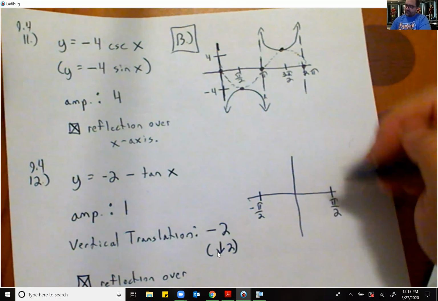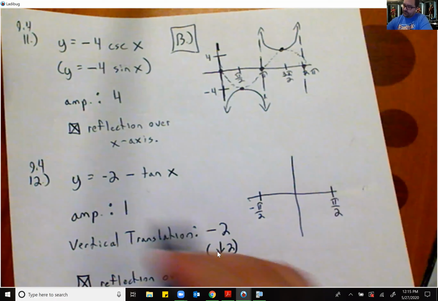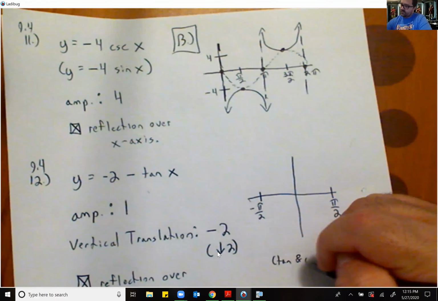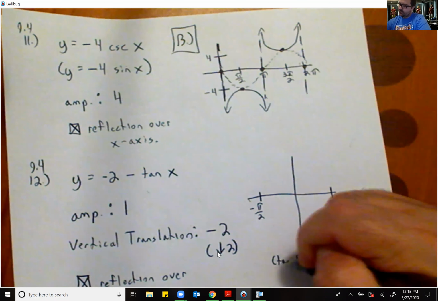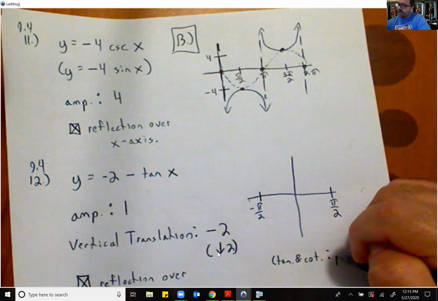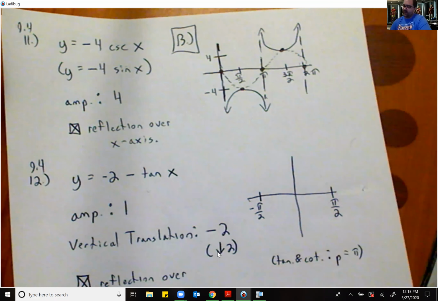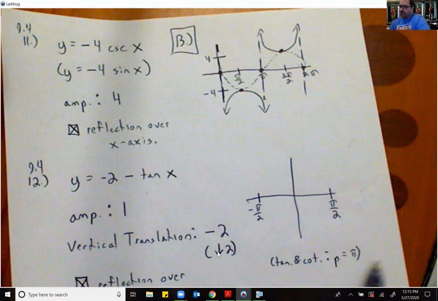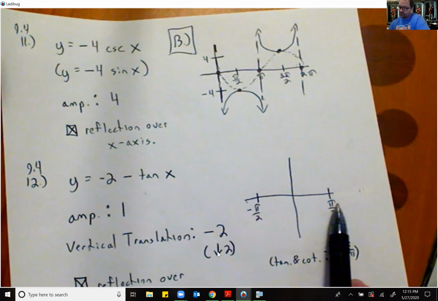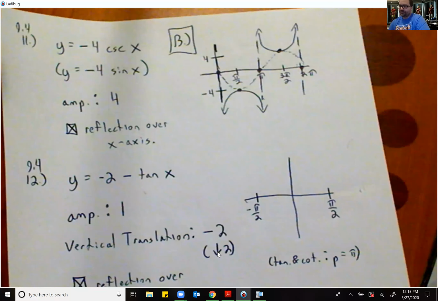Because tangent and cotangent graphs have periods of pi. And we didn't mess with that, okay? But this is a period of pi for tangent because half pi and half pi, if added together, give you a full pi. All right?